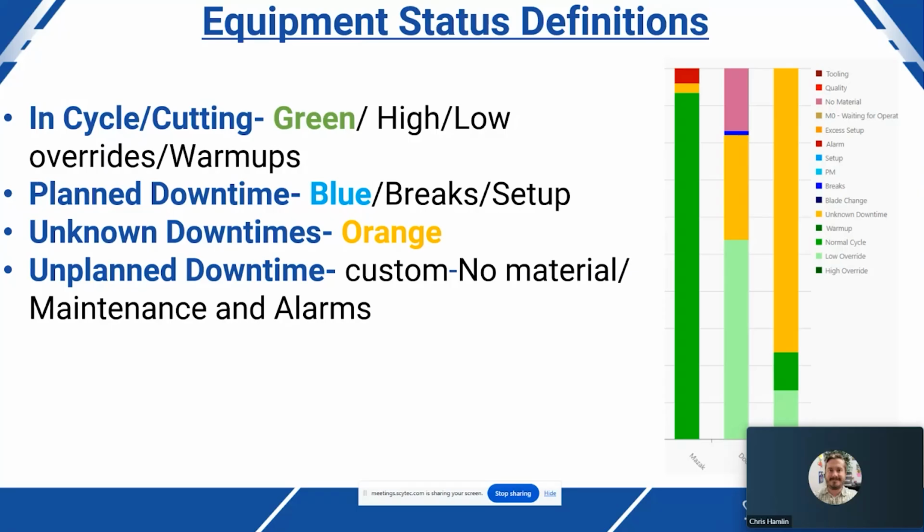And then the one on the left, that Mazak machine that you can see there, has been predominantly cutting for most of the reported time. And then finally, we have our unplanned downtime, which is custom colors, and that can be no material, maintenance, or alarms.